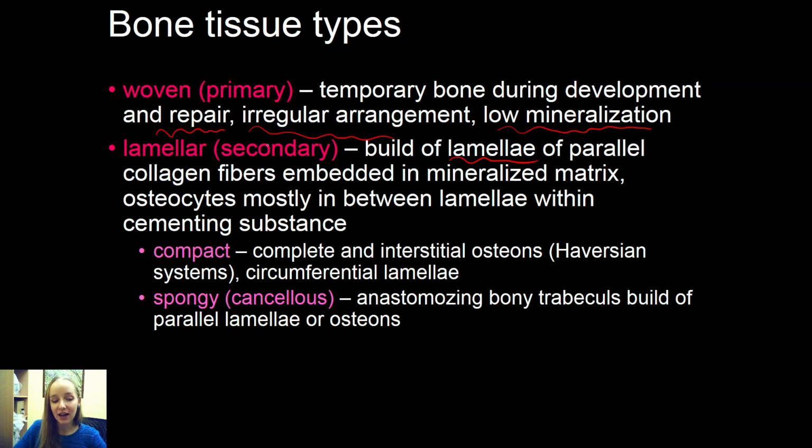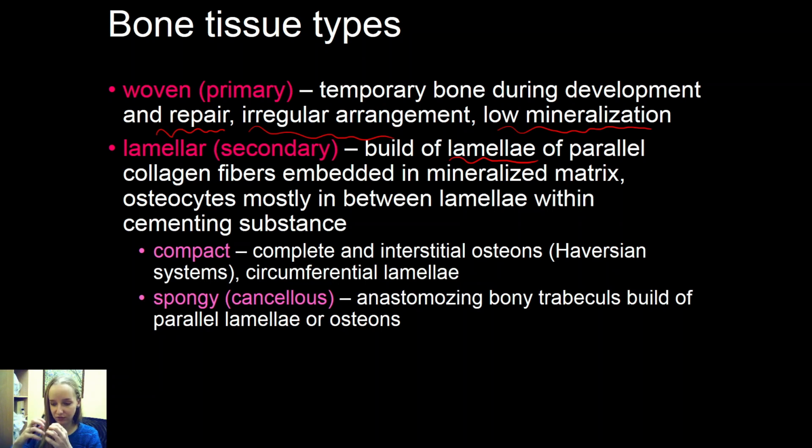And we divide this lamellar bone, the secondary bone, into compact bone, which is made of osteons or Haversian systems, or spongy bone, which is made mostly, as we saw before, of these trabeculae, anastomosing or connecting together, and maybe there are some parallel lamellae or osteons there.